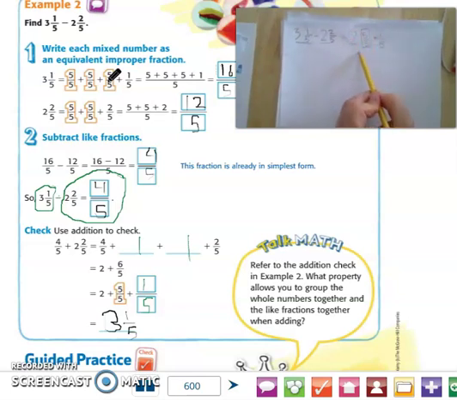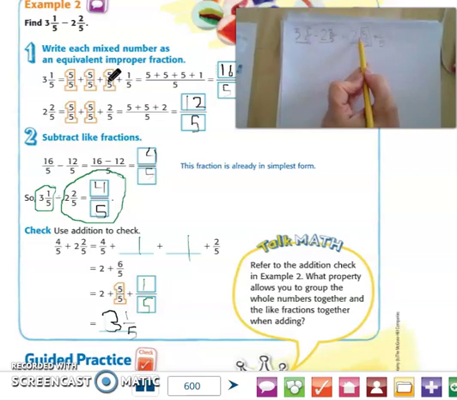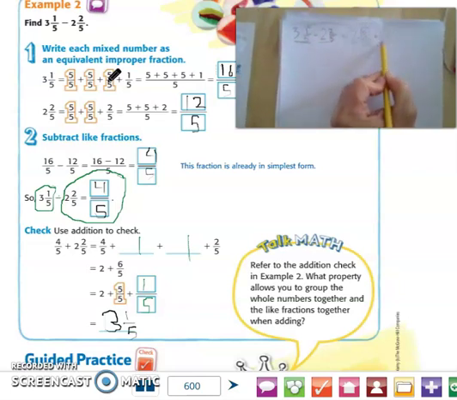Because all of this here is just the same as this. And this is 3 1/5. So this is 2 and 1 plus 1/5. Make sense? So now I've got 2 and 5/5 plus 1/5, which equals 2 and 5 plus 1 is 6.